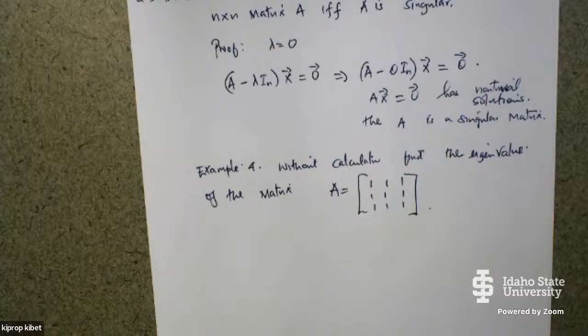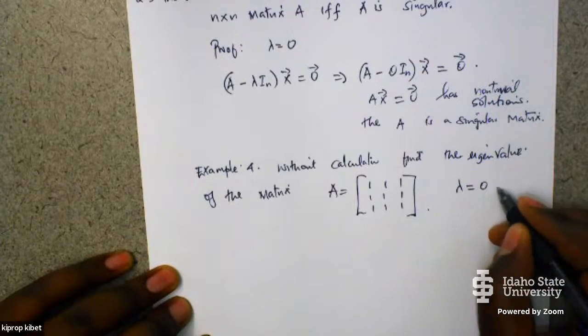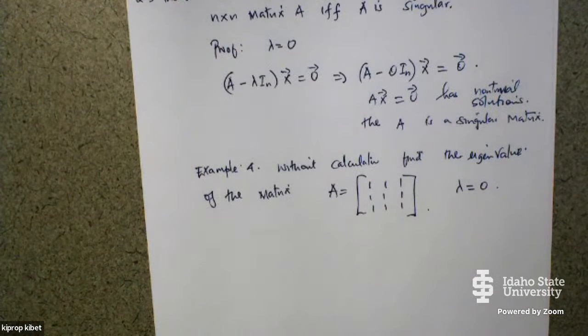Using the cofactors method, close this and this, and 1 and 1 minus 1 and 1, you get 0. Close this, you get 0. Close this one, you get 0. So the determinant is 0, and the eigenvalue is 0 without any calculation. So our lambda is equal to 0.